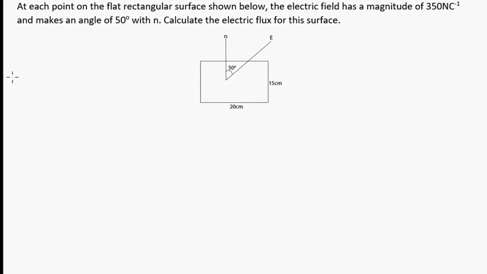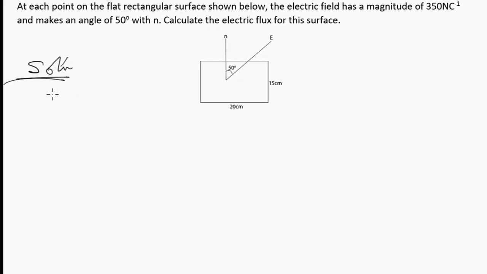So the question says, at each point on the rectangular surface shown below, the electric field has a magnitude of 350 newtons per coulomb and makes an angle of 50 degrees with N. Then calculate the electric flux for this surface. So we are going to have our solution here.